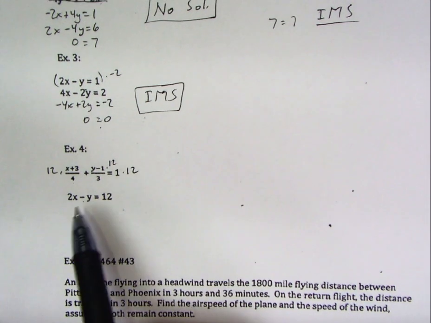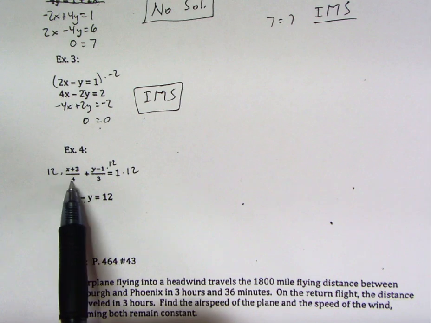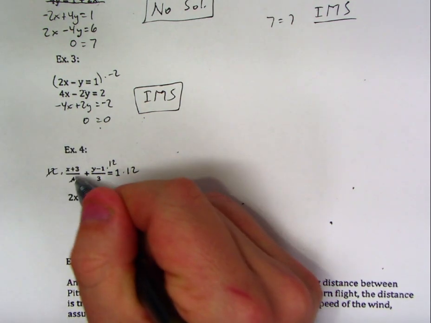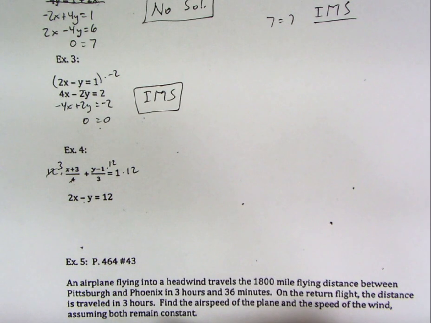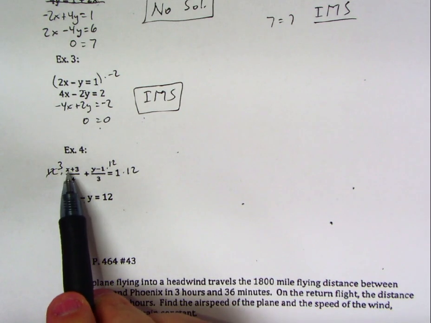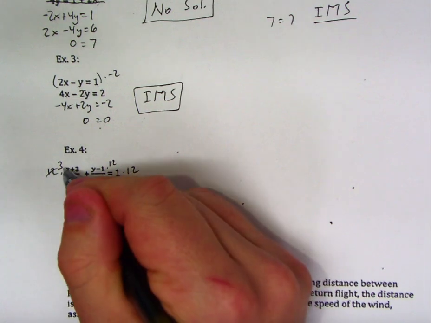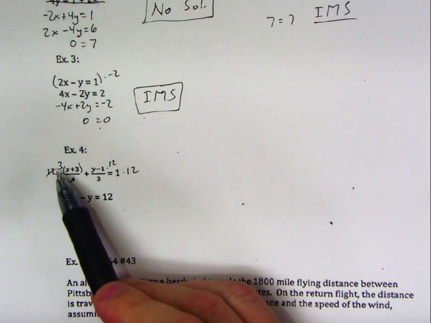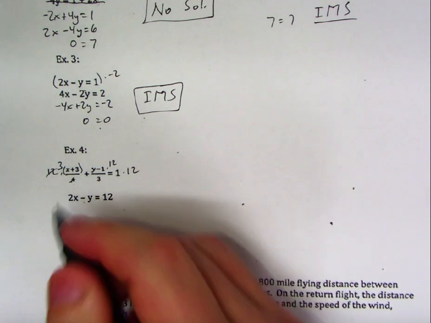What happens is, think back to first semester, we take the 12 and the 4 and we reduce. So I'm going to reduce those to 3. And now I multiply 3 to x plus 3, that quantity. It's kind of like it's in parentheses, so I'm going to distribute it. So that's going to become 3x plus 9.